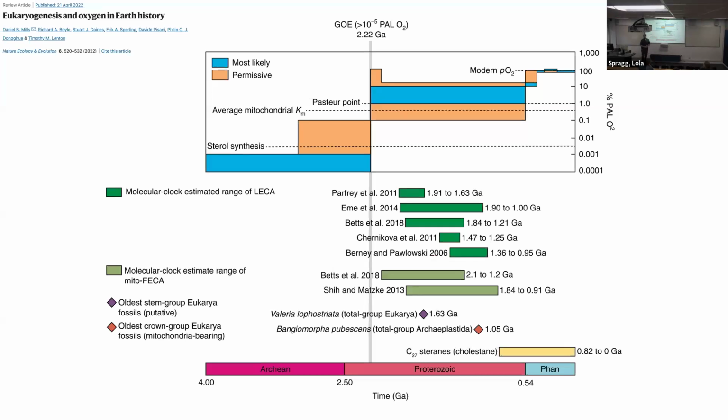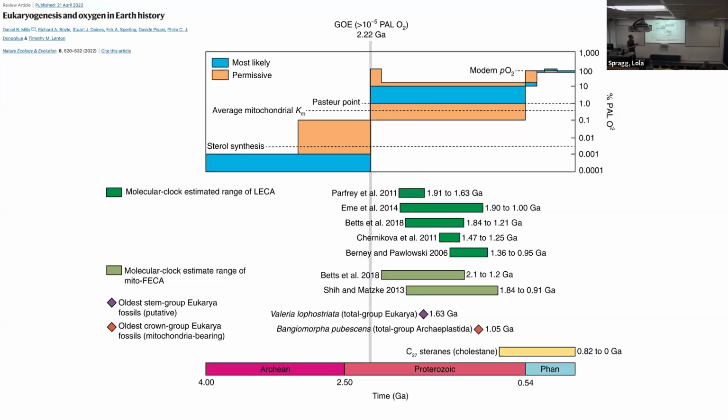And to me, this makes sense. Of course, we don't have eukaryotes in the Archean. While I agree with what we wrote in this paper, that this rise of oxygen didn't directly trigger the origin of eukaryotes, I do think you needed oxygen for there to be eukaryotes. So it explains the timing here.